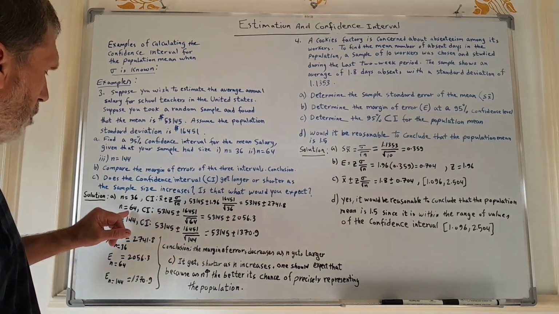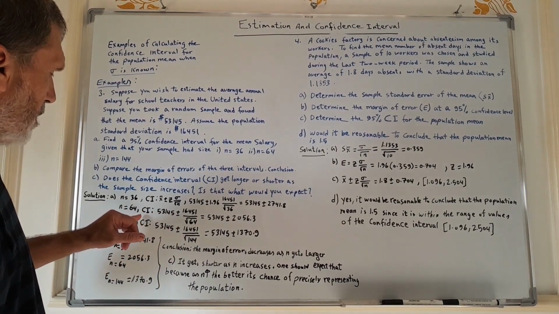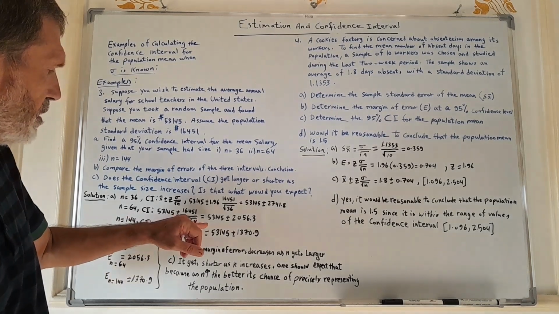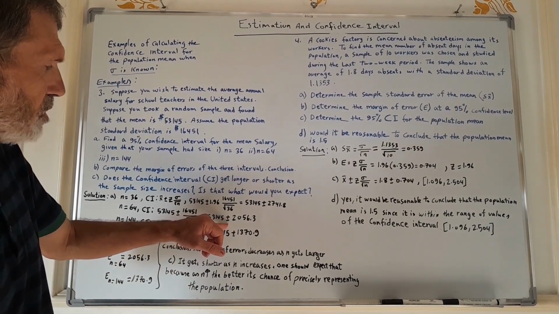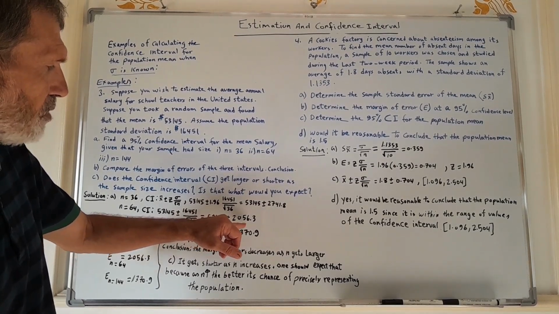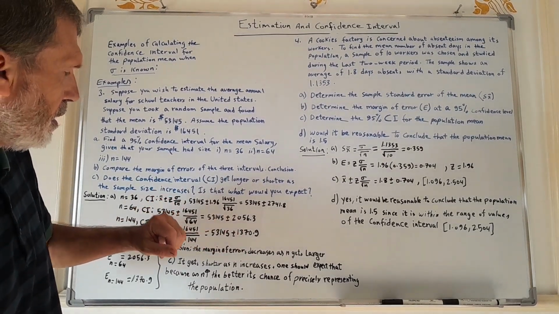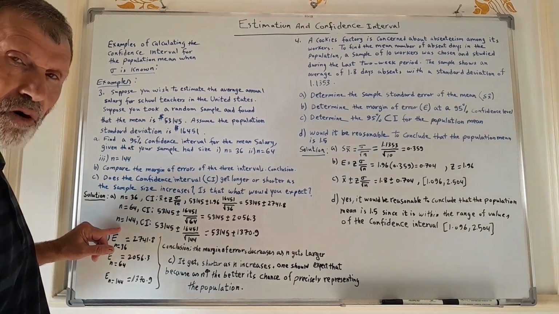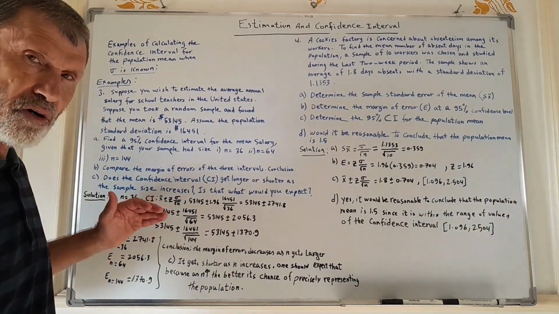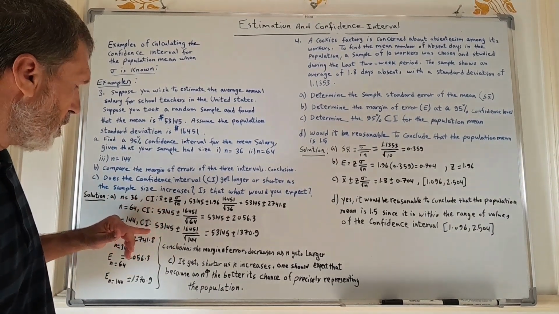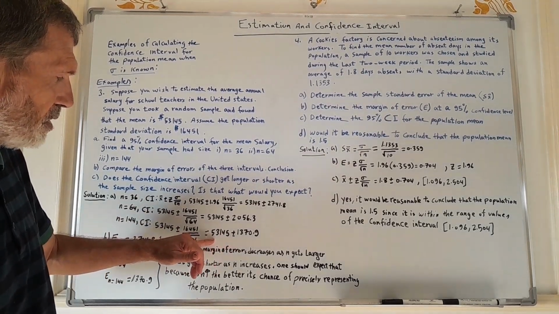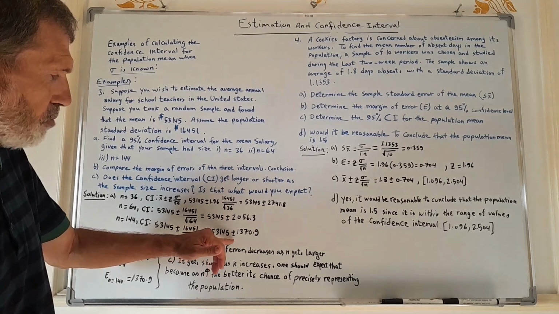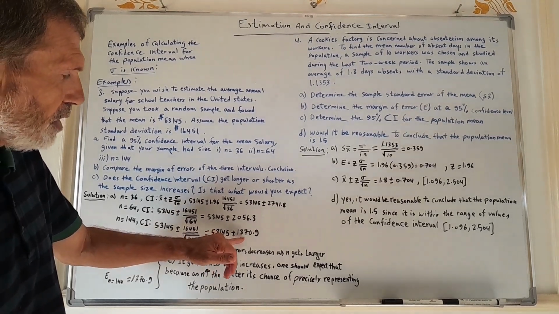Now, when n equals 64, the confidence interval is going to give us 53,145 plus or minus 2056.3. When n equals 144, and we plug in the values, we come up with the confidence interval, this is the range, 53,145 plus or minus 1,370.